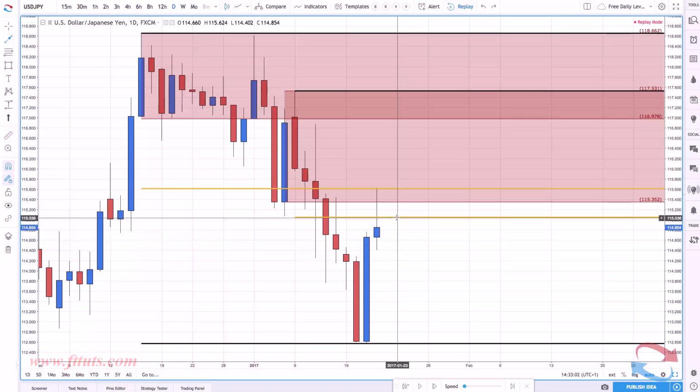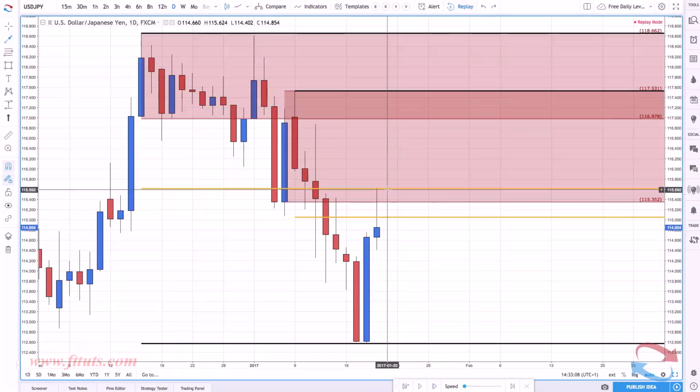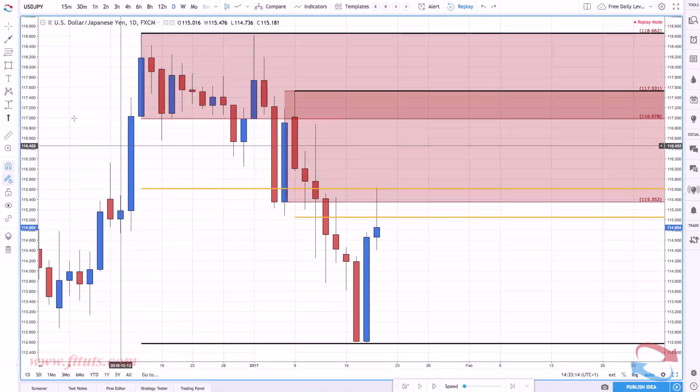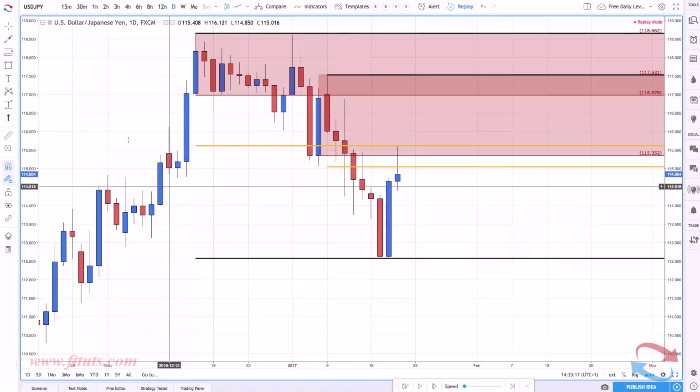Yes, there was fair value here, but you want to trade within areas of supply and demand. So this would have been the first area you'd look to try and get short.